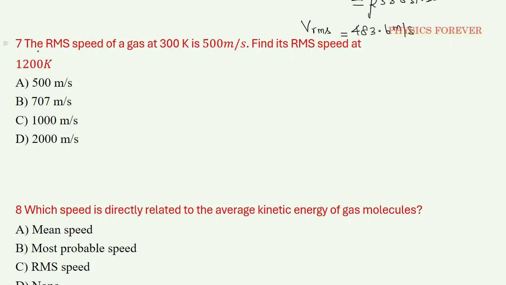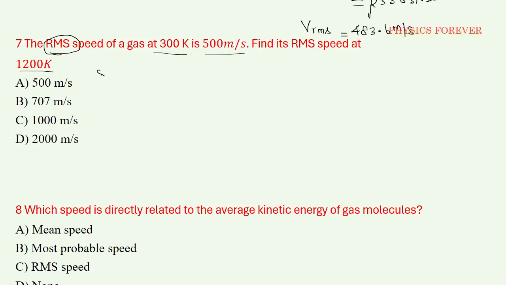Then question number 7: the root mean square speed of a gas at 300 Kelvin is 500 meter per second. Then find its root mean square speed at 1200 Kelvin. Here we have to take some changes.